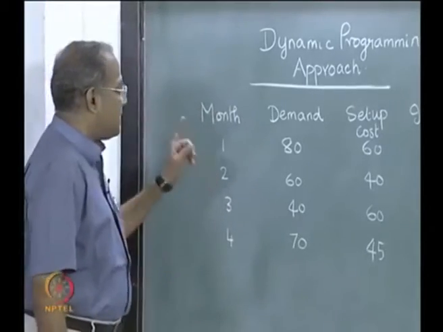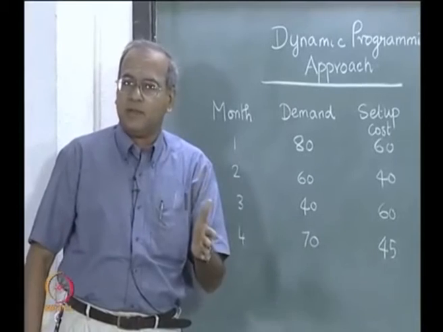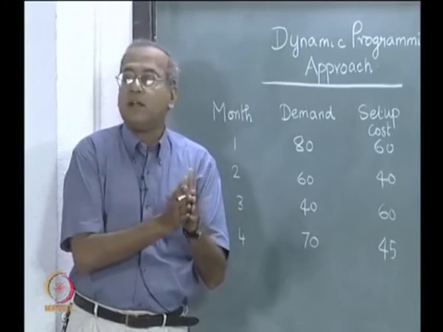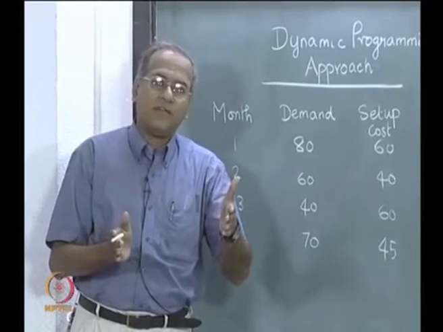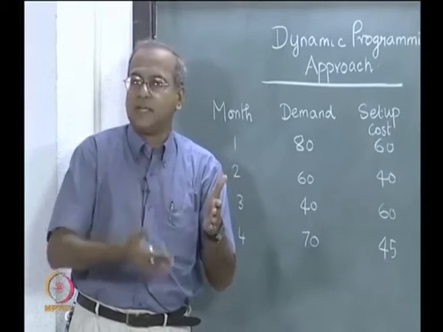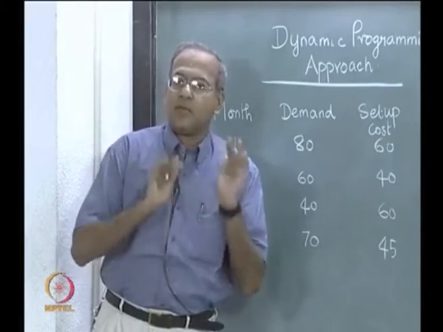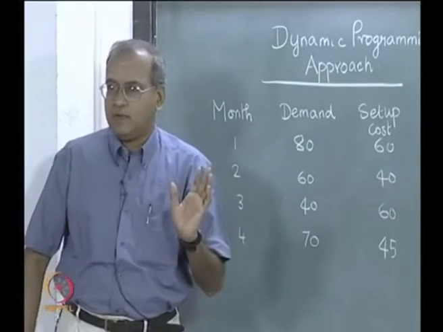Now it is only logical that if we produce in a certain period, then we will have to meet the demand of that period at least. Otherwise we will have to incur one more setup and one more setup cost. Therefore it is uneconomical to consider 2 setups in a particular period.